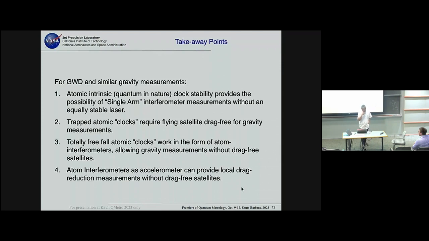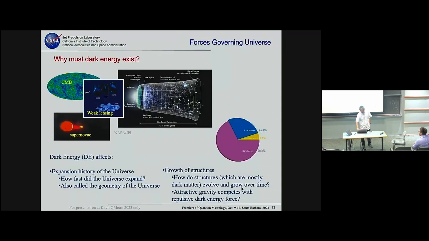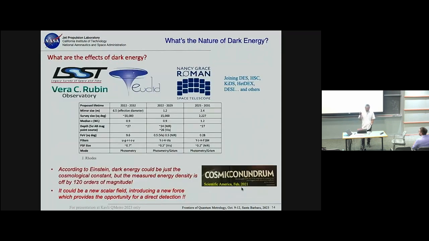I don't have time to go through the NIAC concept. What I'd like to quickly say is that the dark energy is a vast part of the universe that we know nothing about, and there are quite a few missions looking at what dark energy is.